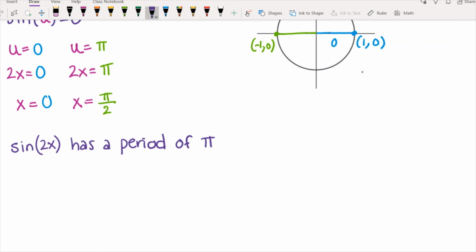And so that tells us that our final answers are going to be x is equal to 0 plus pi k, which we could actually just write as pi times k, right? We don't need the 0 plus pi times k. So basically any multiple of pi is what that part is saying. And then our other solution is x is equal to pi over 2 plus pi k.